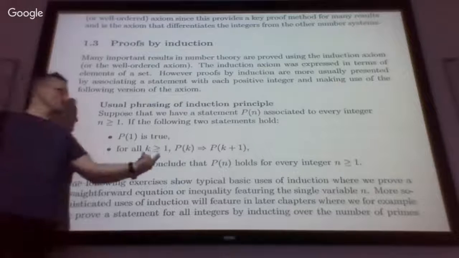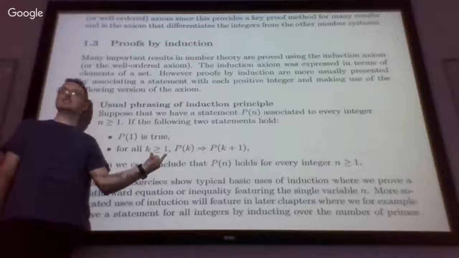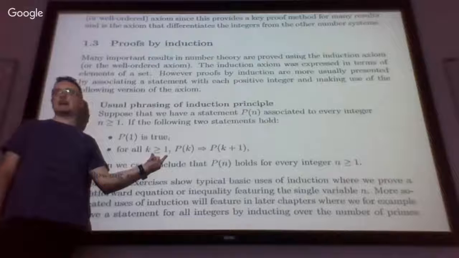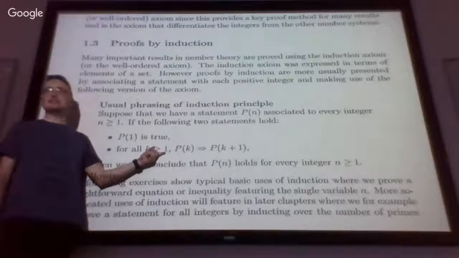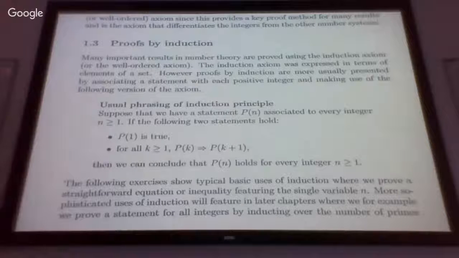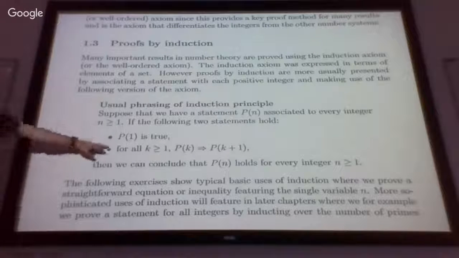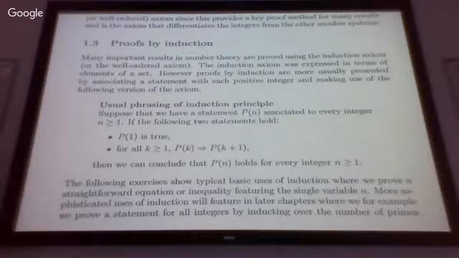And that holds true for every value of the index beyond, including and beyond the starting value. And if you've done those two steps, the principle of induction says you've proved that P of n is true for every integer.